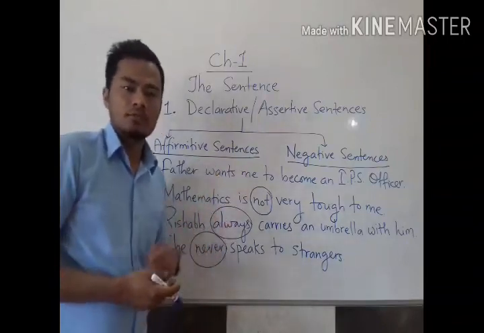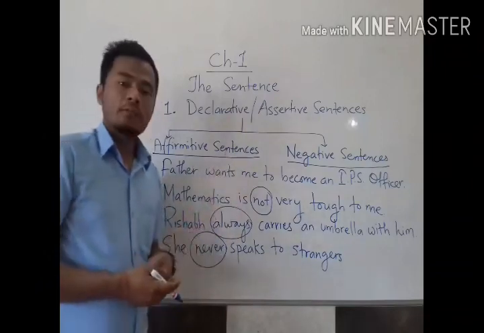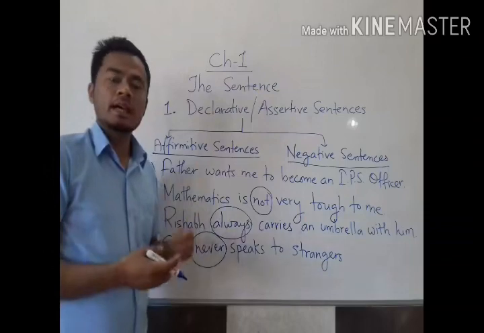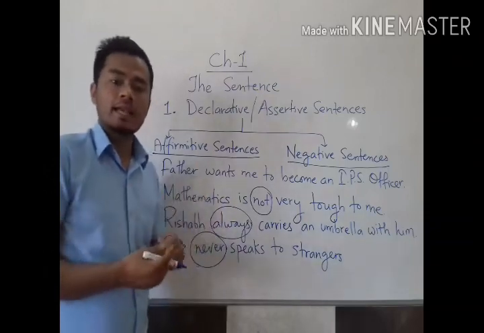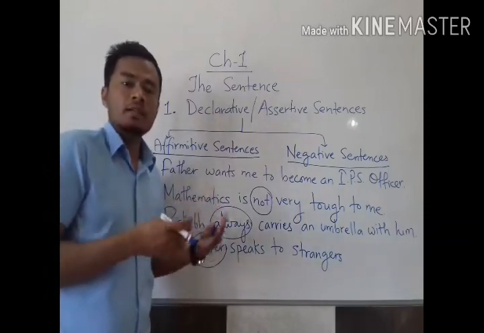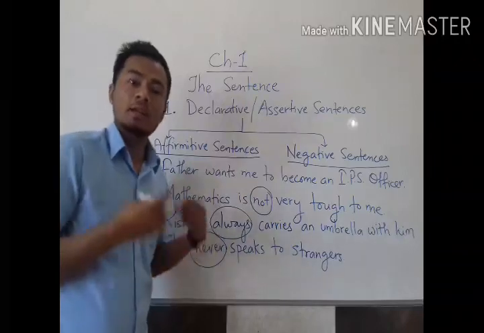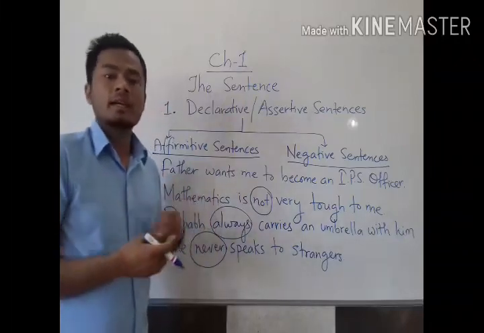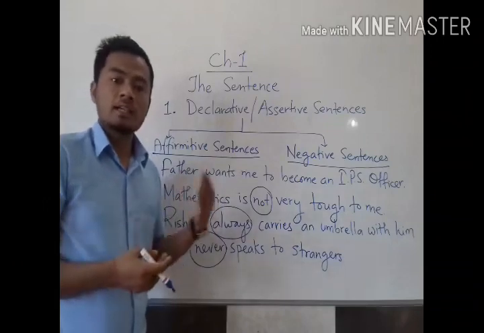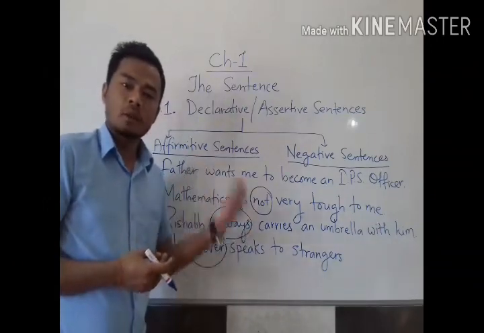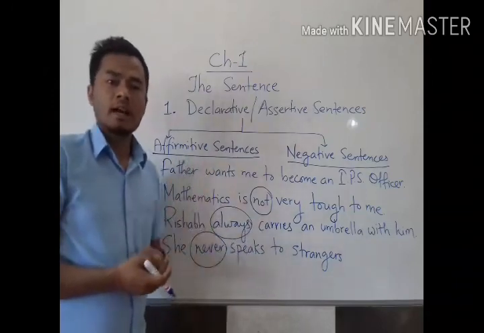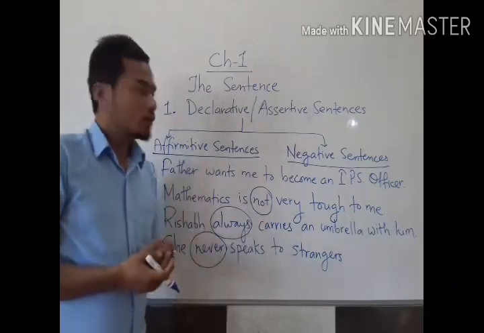Like: He always waits for me. This is an affirmative sentence. But if I say, He never waits for me, this is a negative sentence. Something gives us a positive sense, but nothing gives us a negative sense. Like: Something is left there. This is a positive affirmative sentence. But if I say, Nothing is left there, this is a negative sentence.